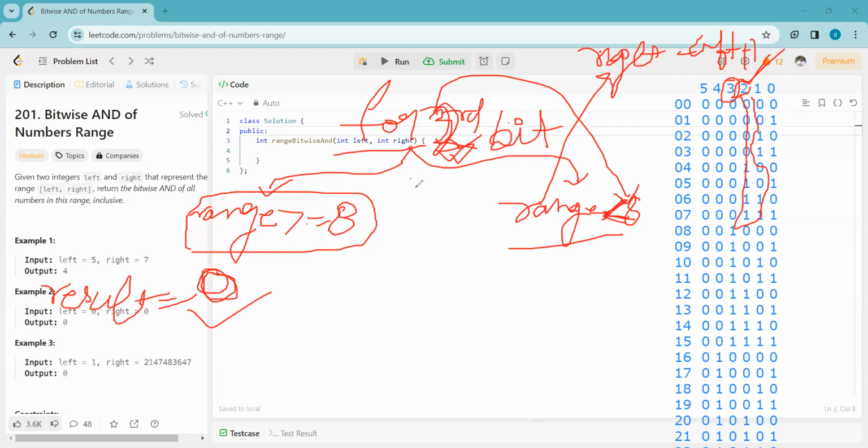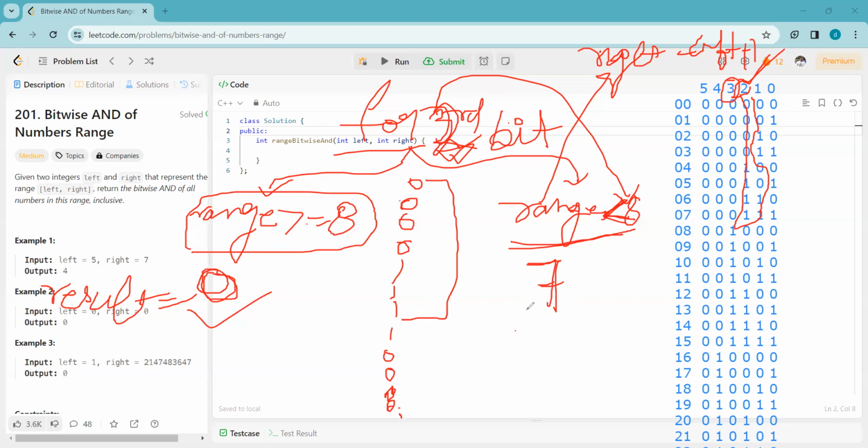So let's write the pattern: 0, 0, 0, 0, 1, 1, 1, 1, 0, 0, 0, 0, like this. If the range is less than 8, that means we have a maximum of 7 numbers. So what can be the range of those numbers? Either from the first 0 till 3 ones.